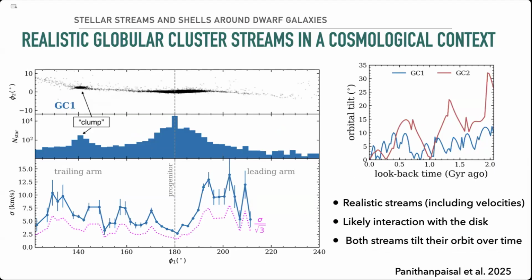And this is one example of the streams that we got out, one of the first that we looked at and that we present in this paper, a recent paper. In this case, the stream actually has a clump on one side, which seems to be from an interaction with the disk of the host galaxy.